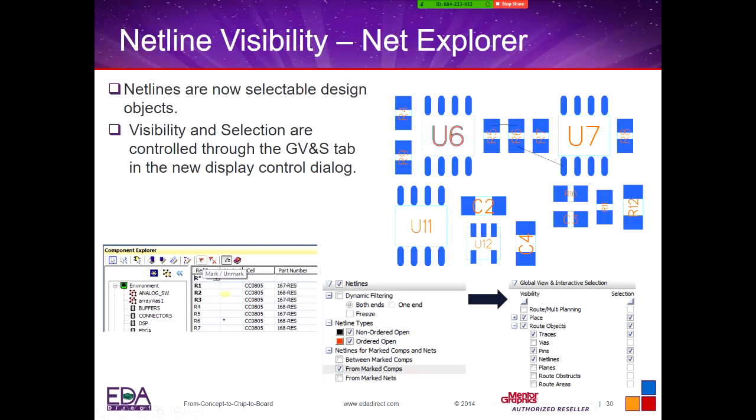Well, now with dynamic filtering, as we zoom in, whatever's inside that window will only show where the missing connections are. So only inside the window that you see. If you zoom out, more connections will show, but only as they pertain to that window. So it makes things a lot better organized when you're designing and routing.